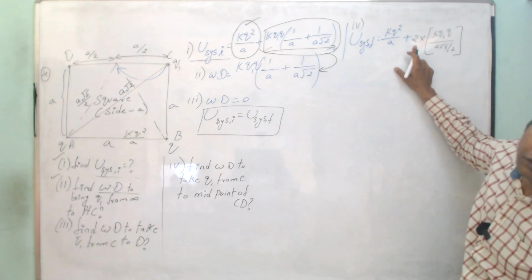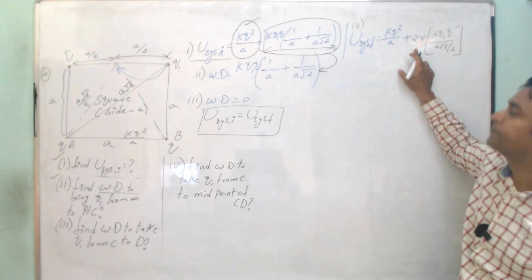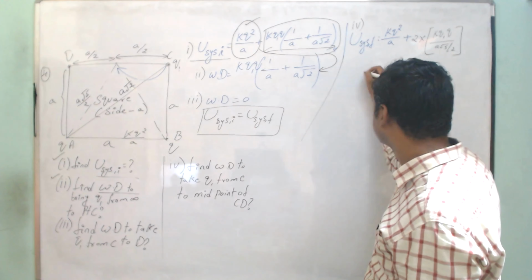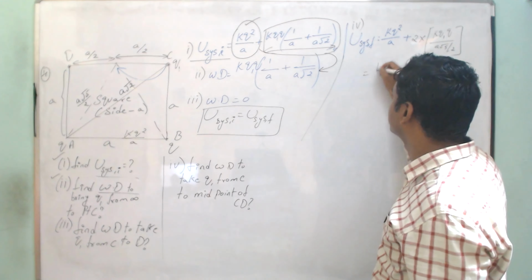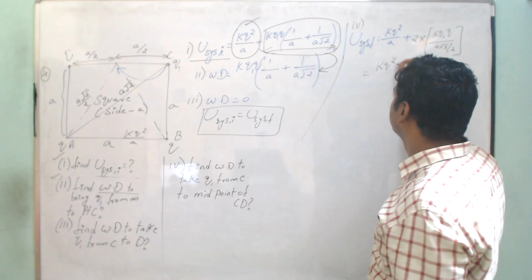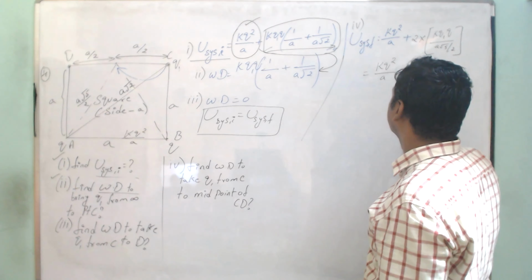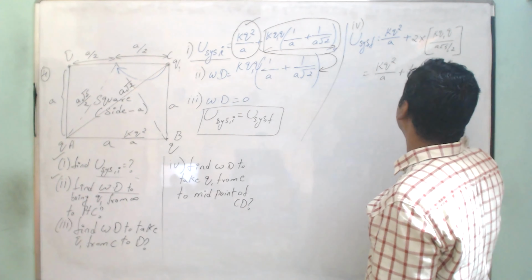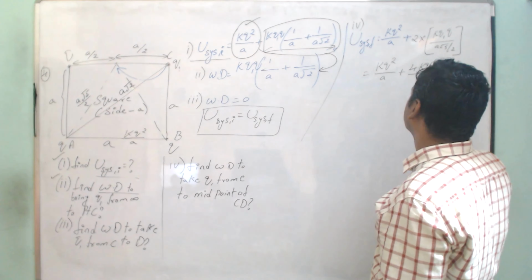This 2 will go in the numerator, and it will become 4. So the final potential energy of the system is KQ squared by A plus 4KQ1Q by A root 5.